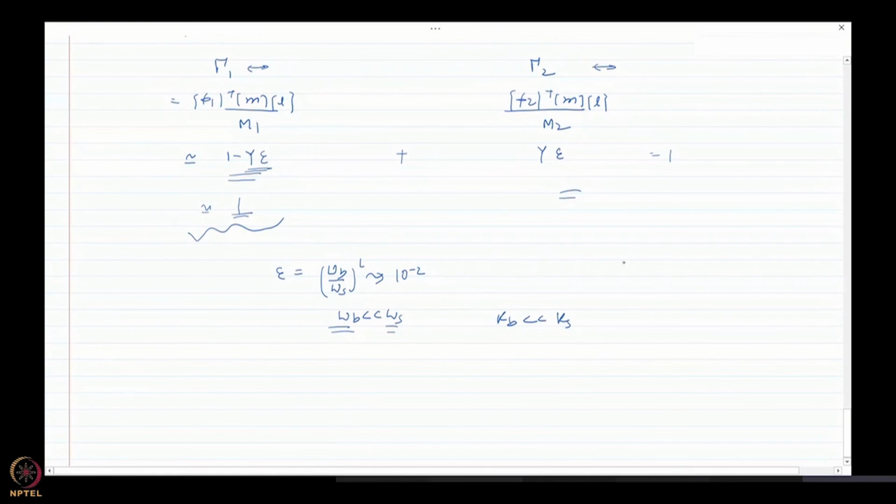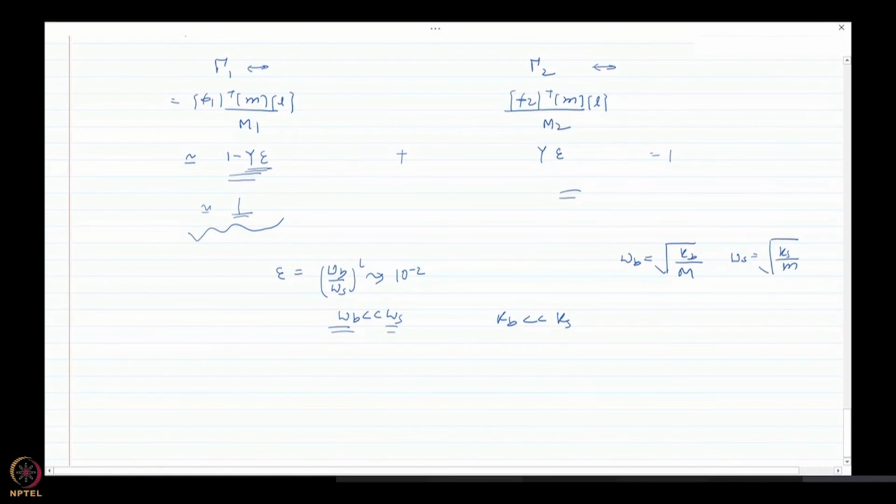But remember, omega b is actually Kb divided by m, and omega s is Ks divided by the superstructure mass.